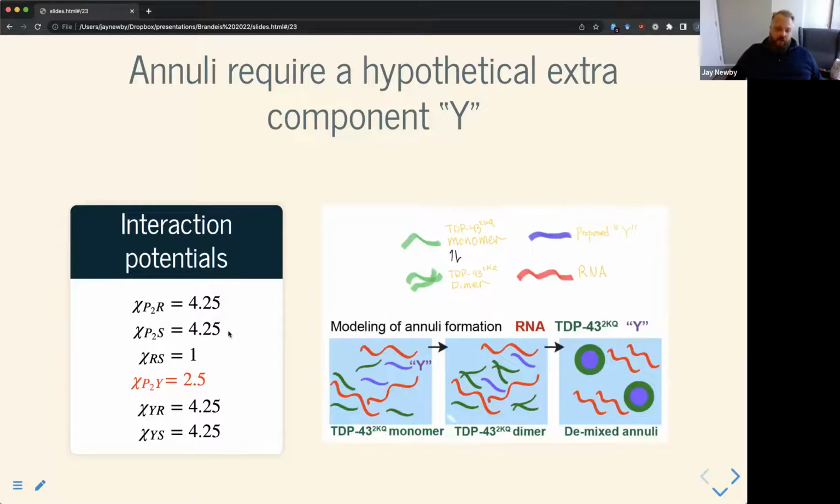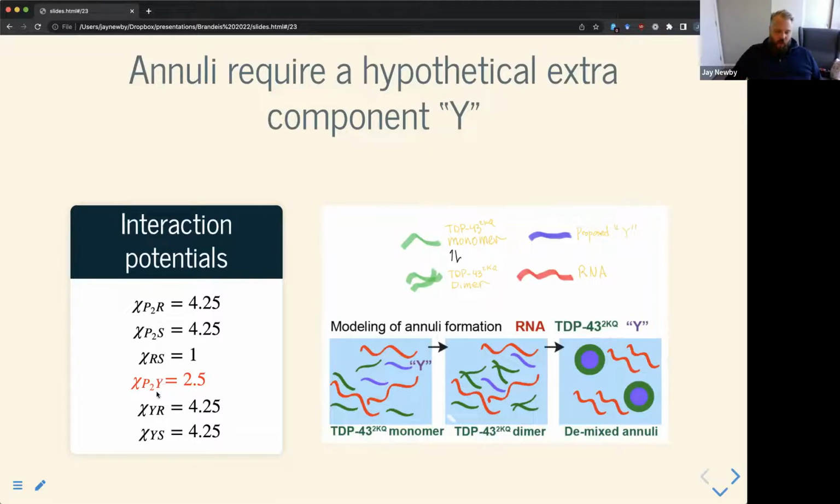All we did was give it an interaction potential, which was marginal, like in the middle. The idea is that it's not strongly repelling the dimer. It likes to mix with it a little bit.